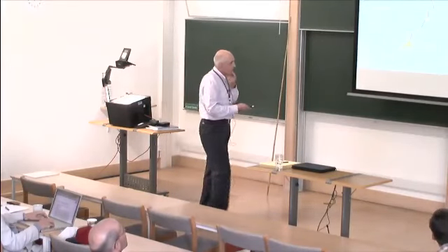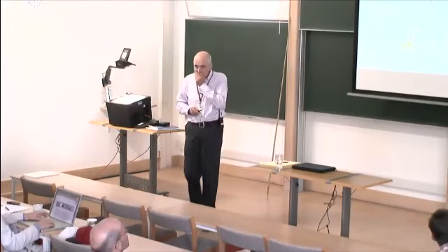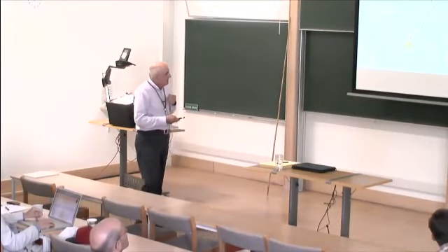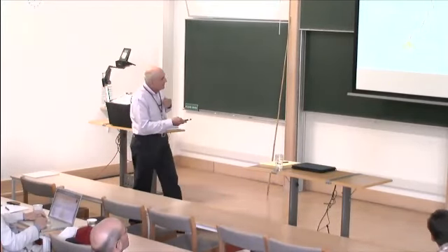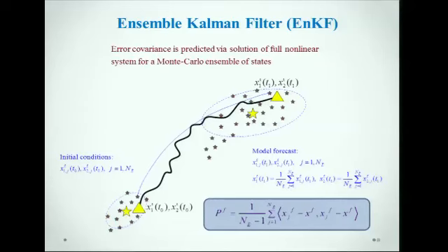To calculate the error covariance, you do the natural kind of thing. There's actually a little bit of abusive notation with subscripts here. This j refers to the number of the ensemble rather than the number of the variables. So that's the ensemble Kalman filter, how it works.